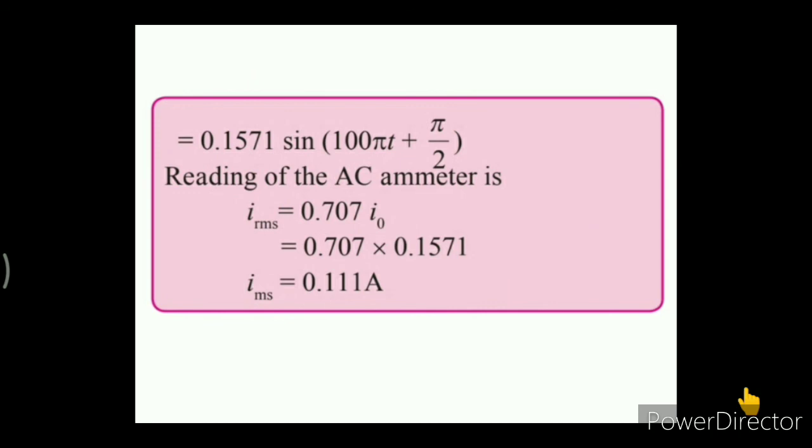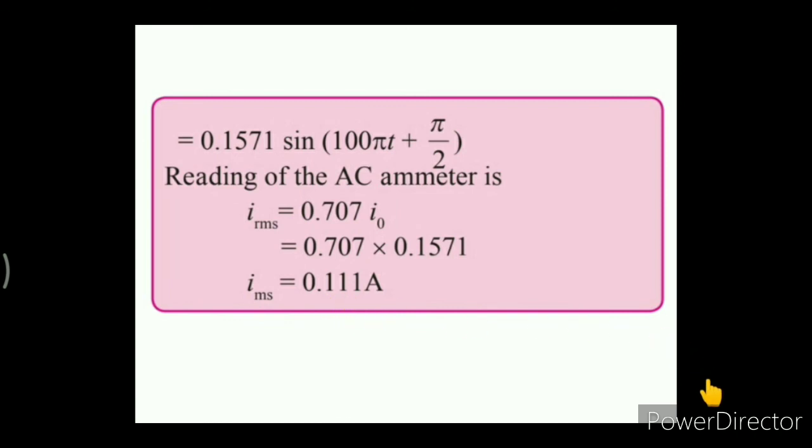Now next we have to give the reading of the AC ammeter connected in the circuit, and here we use the formula IRMS is equal to 0.707 I0. From the equation we have the value of I0 as 0.1571, so we substitute I0 as 0.1571 ampere. On multiplication of these two factors, the IRMS value we get is 0.111 ampere.